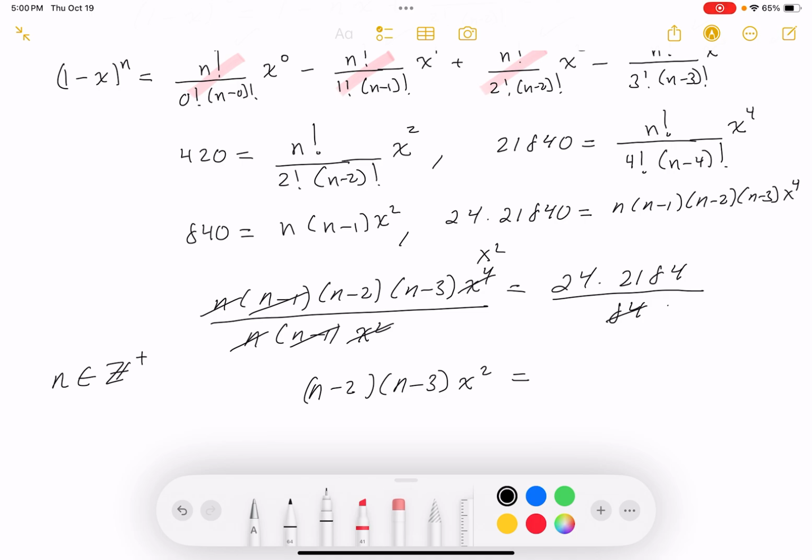So this would be 42, and this would be 12. And I think I can divide by 2 again. This would be 21, and this would be 6. And then I could divide by 3. This would be 7, and this would be 2. That's not so bad.